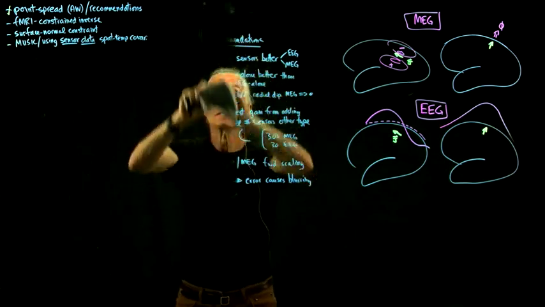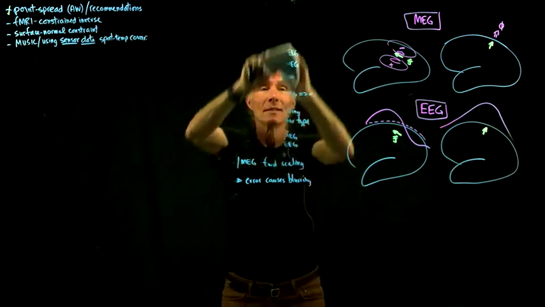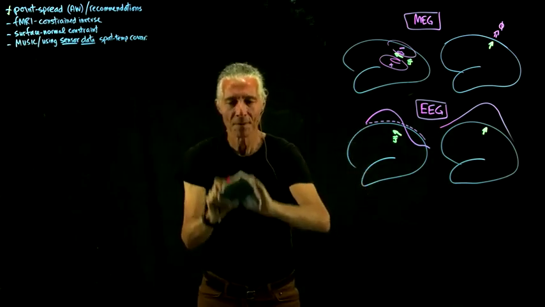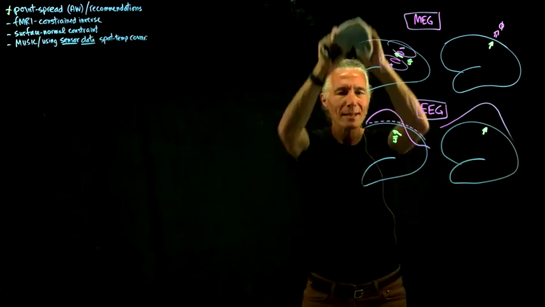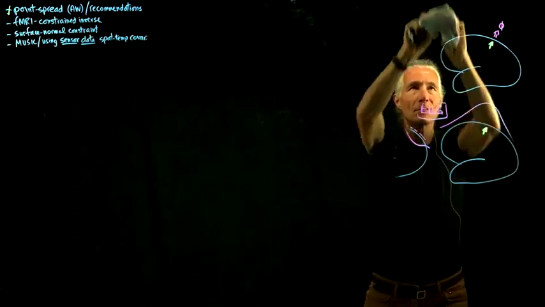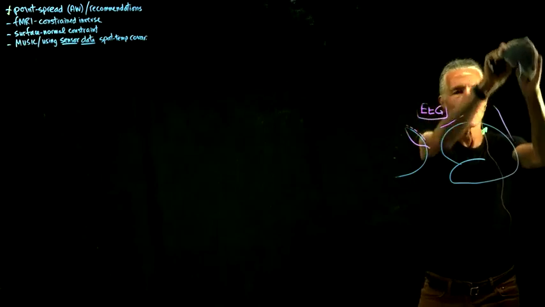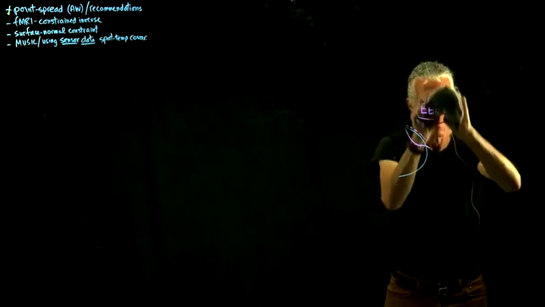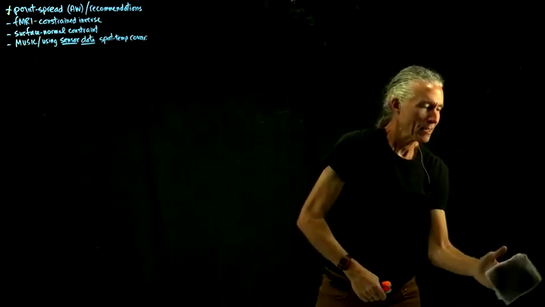So, okay, let's now turn to fMRI constrained inverse. One of the big advantages of fMRI is you have a very good spatial resolution, but the temporal resolution is pretty bad because you're just looking at this exhaust of the oxygenated blood, it's delayed.